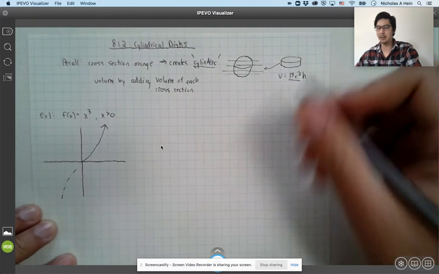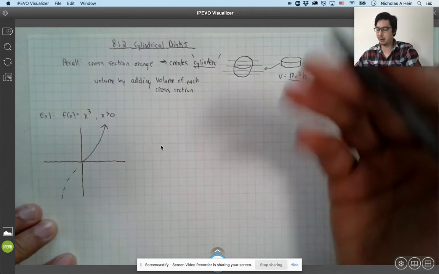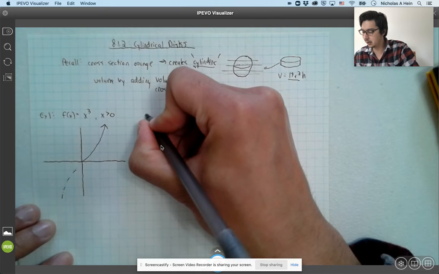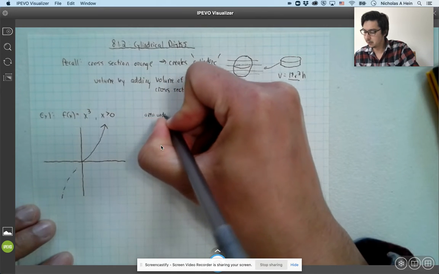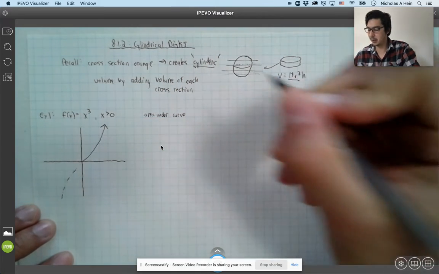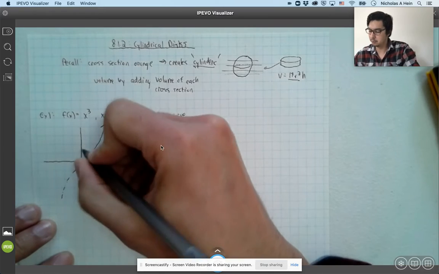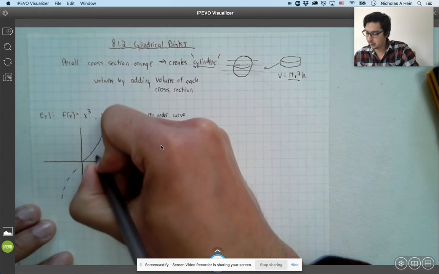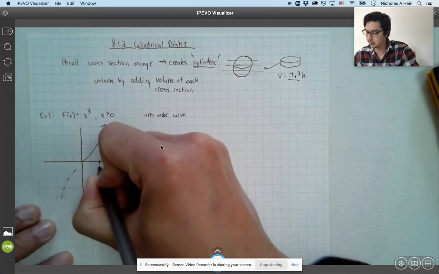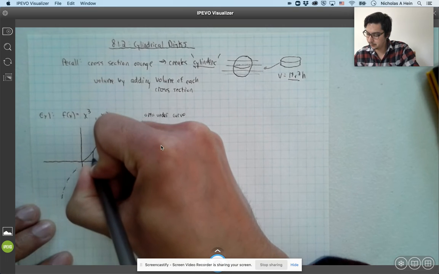Now, if we wanted to find the area under the curve, how would you find it? Remember that we would use rectangles. I'm going to evaluate it at, say, 2, and we'd make a rectangle.